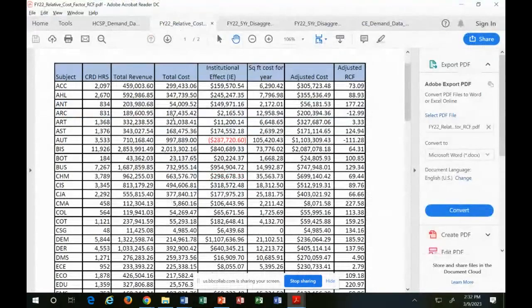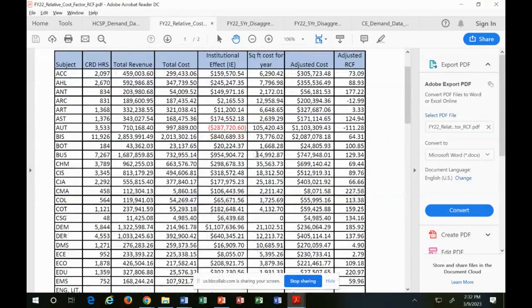To answer this, by subject, by department, we give you the number of credit hours, the revenue from the program, the cost of the program, the effect that the program has on the institution, your square footage, the adjusted cost, and the adjusted RCR. But all of these things are just suggestions, or what we call considerations, some things that you need to consider.